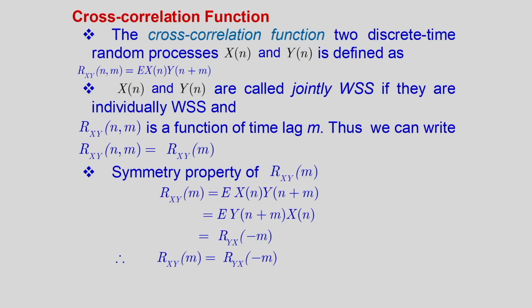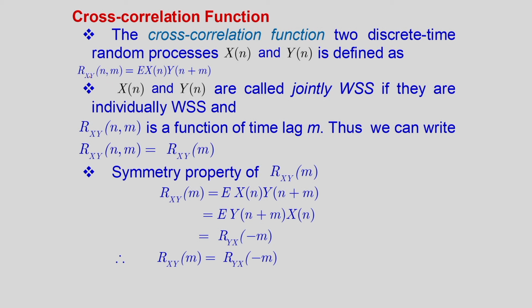We can also consider multiple random processes, for example, xn and yn. If xn and yn are two random processes, then their correlation structure will be given in terms of the cross correlation function.